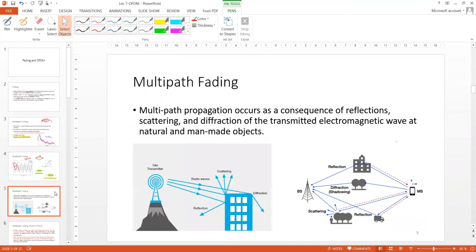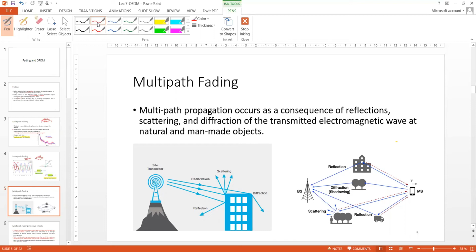So multipath fading or multipath propagation occurs as a consequence of reflection, because if you remember, previously we discussed the free space propagation model. In the free space propagation model, we considered an ideal scenario, in the sense that there are no obstacles present between the transmitter and the receiver module, and the signal is traveling in a relatively straight line between them.